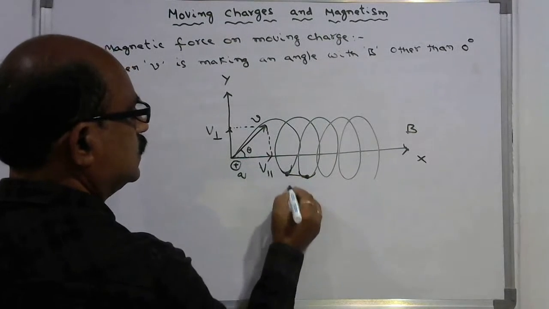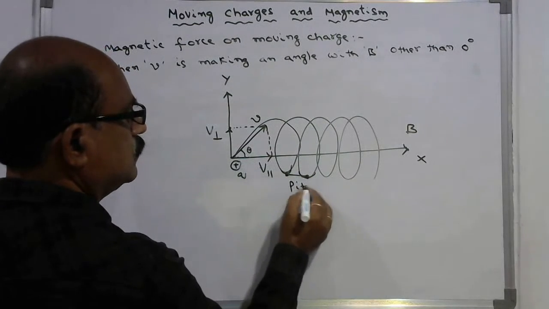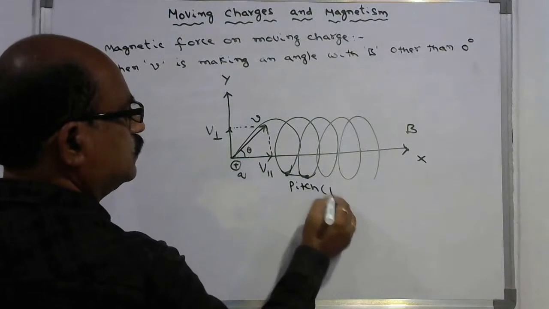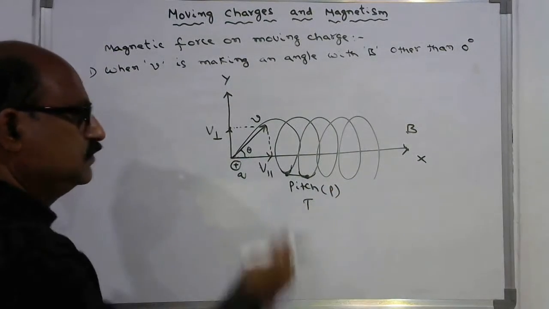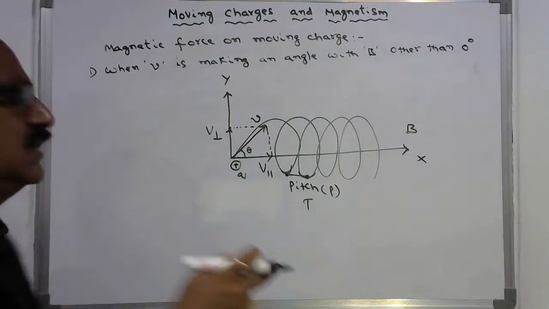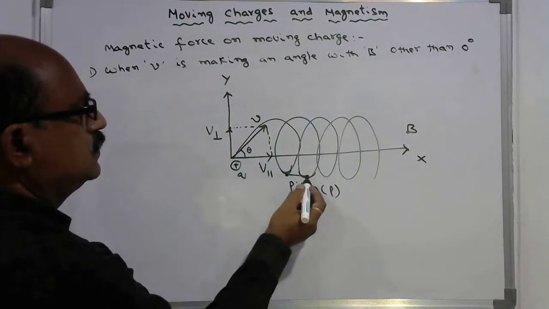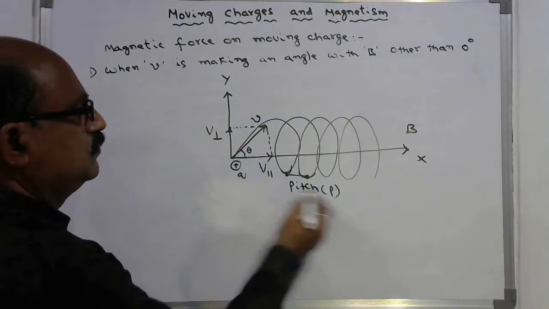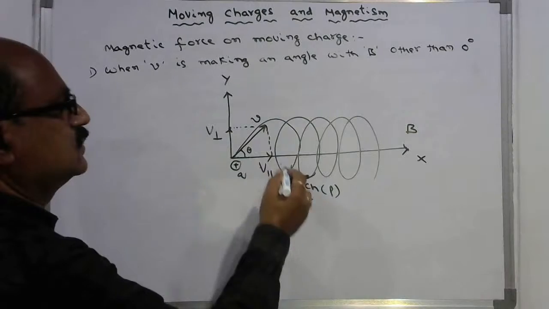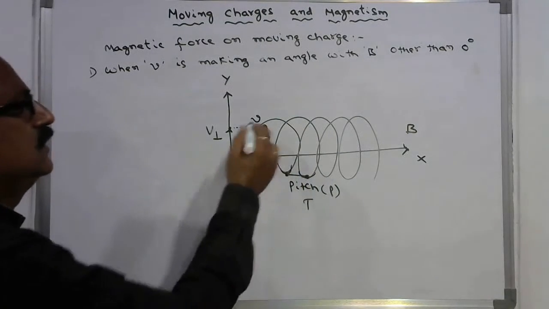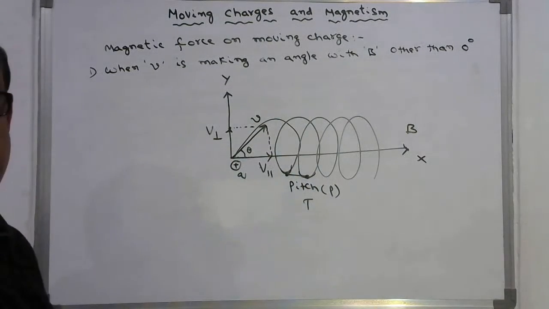This represents the pitch. In one complete cycle, it moves from this point to this point. This is called the pitch. This is the horizontal distance traversed in one cycle.